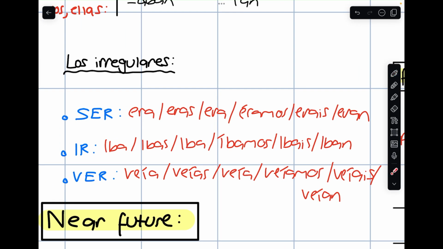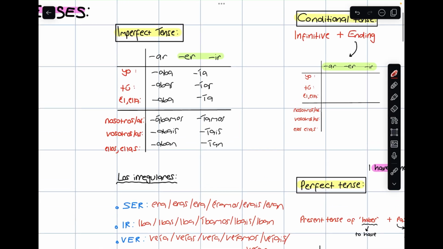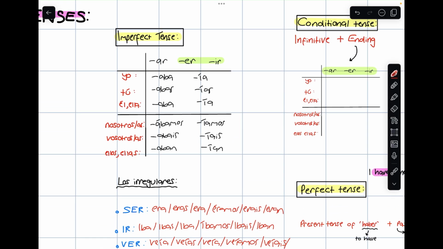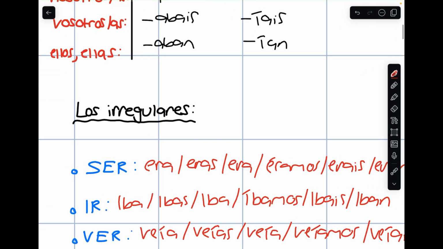So, just be careful because these are really common verbs and they are irregular, so make sure you learn them. So just to recap, the imperfect tense is used for talking about what used to happen or what was happening. So to translate, I used to be tall, I would say era alto.